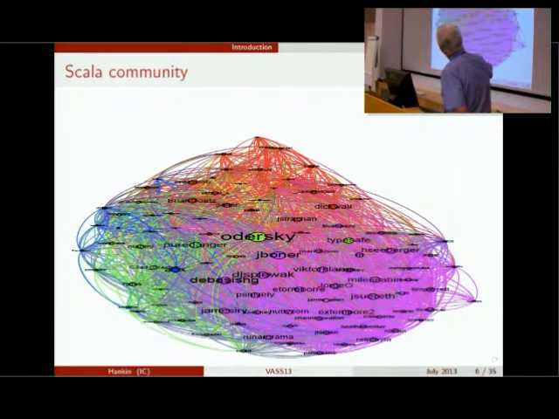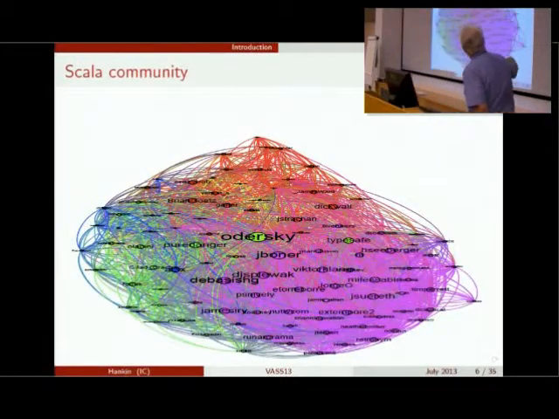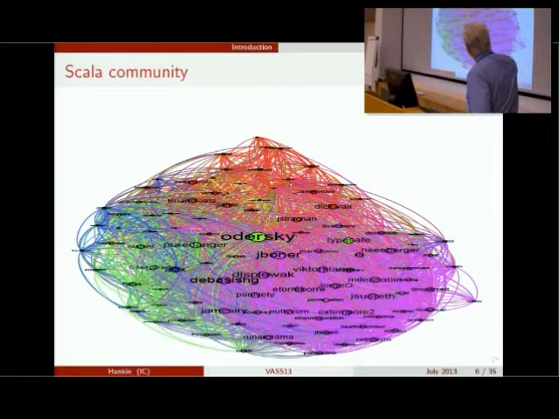But we also did some community detection on that population. And what you see, although the colour isn't very good, is that there's clearly a very large community down here, which is actually the community of people who work on Scala and follow Martin and talk about Scala on Twitter. Over here, Martin started off his life as a functional programmer, and there's a kind of functional programming community over here.